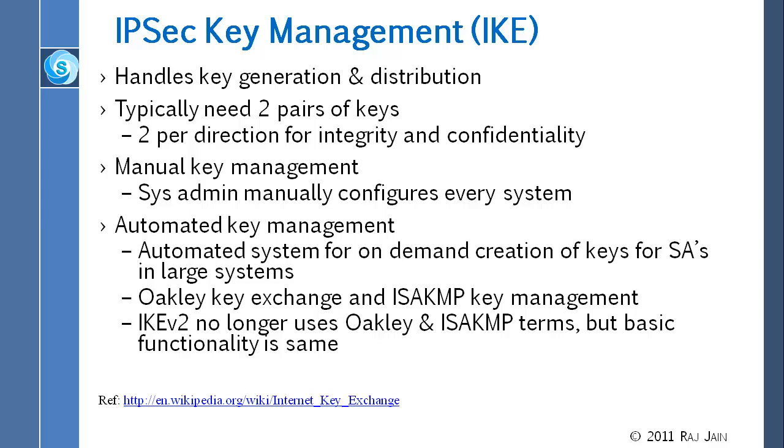We need 2 keys for one direction, 2 keys for the other direction, and why do you need 2 keys? Because we need 1 key for integrity and 1 for confidentiality. So they use separate keys for integrity, which requires hashing, and confidentiality, which requires encryption, right? So we use different keys. So we need 4 keys for a 2-way connection.